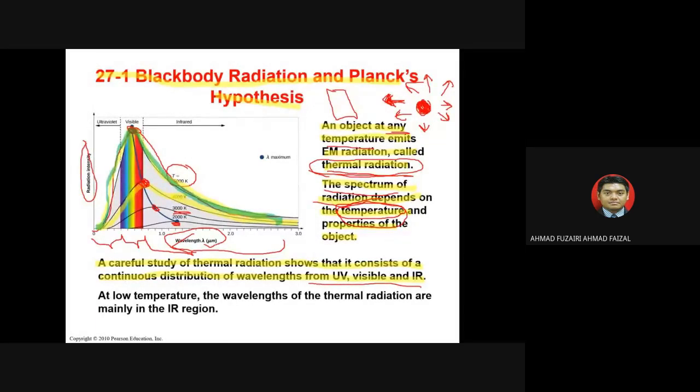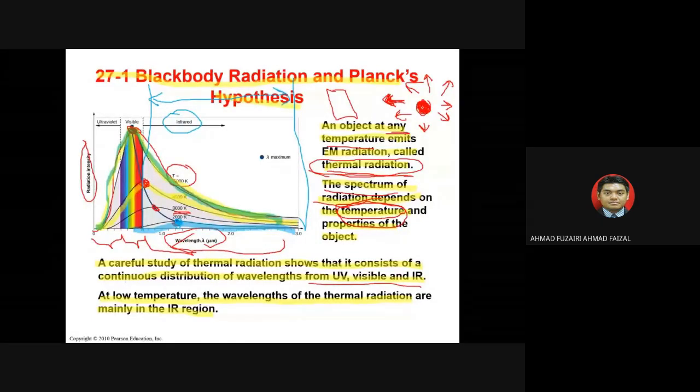At low temperature, however, the wavelengths of the thermal radiation are mainly in the infrared region. So, for example, if you look at this graph, the 2000 Kelvin, you'll notice that the graph falls within this infrared region only, whereby the peak is also in this infrared region.